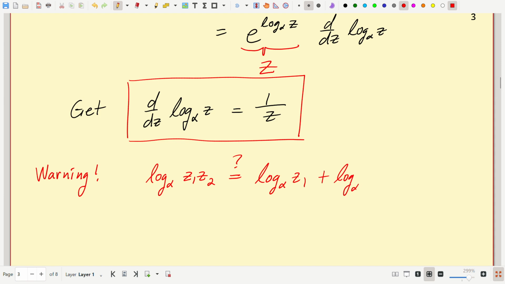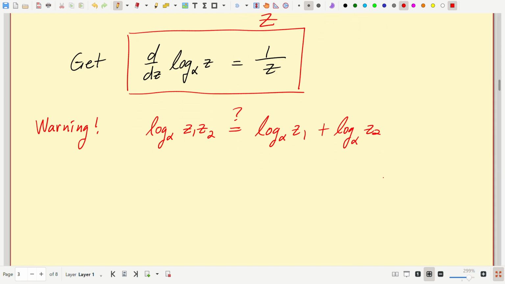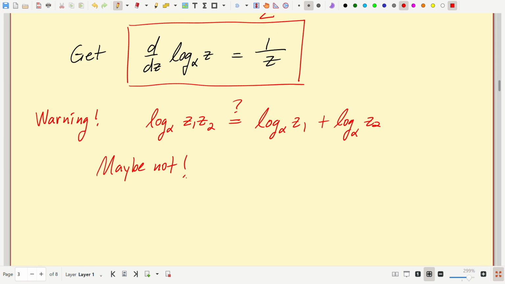It'd be nice if it were. Unfortunately, maybe not. For example, if I was using the principal branch.